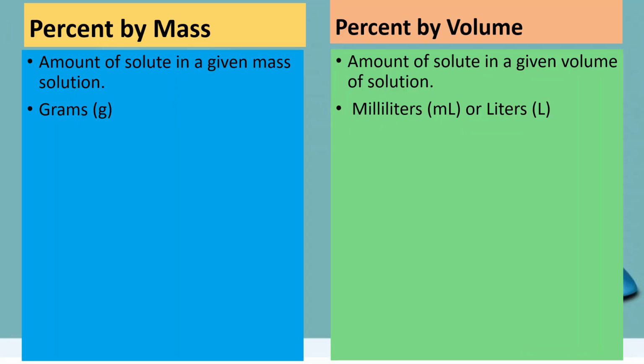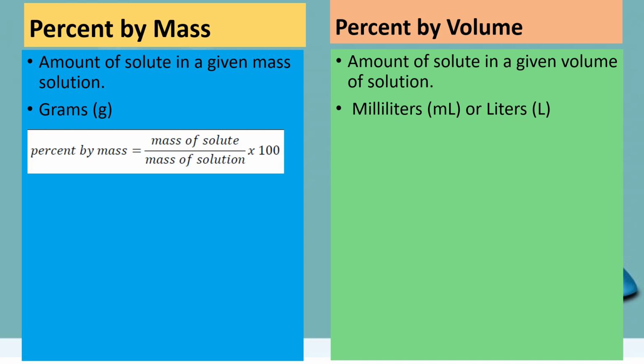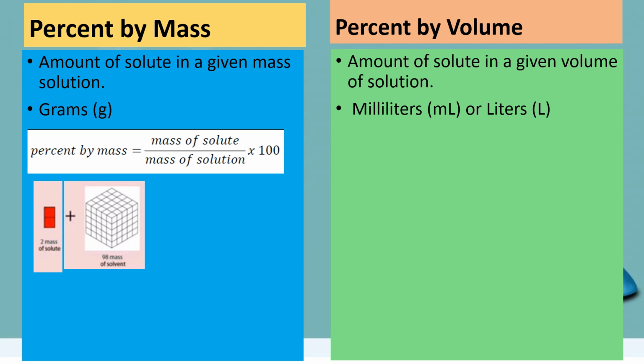Mathematically, we can express percent by mass equals mass of solute divided by mass of solution times 100. This can also be understood in this illustration. 2 mass of solute plus 98 mass of solvent equals 100 mass of solution.